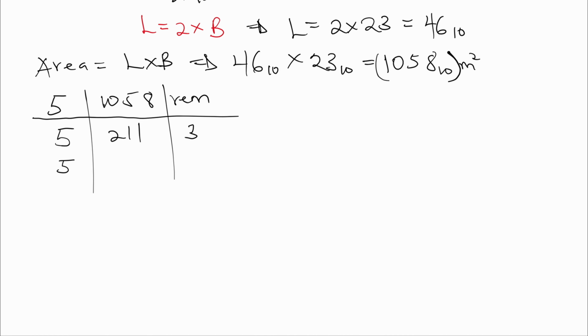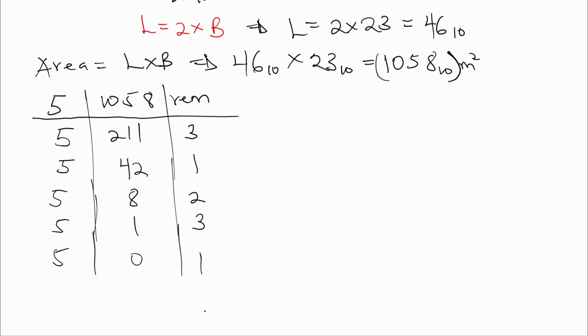5 goes into 211 42 times, remainder 1. 5 goes into 42 8 times, remainder 2. 5 goes into 8 1 time, remainder 3. And then 5 goes into 1 0 times, remainder 1.